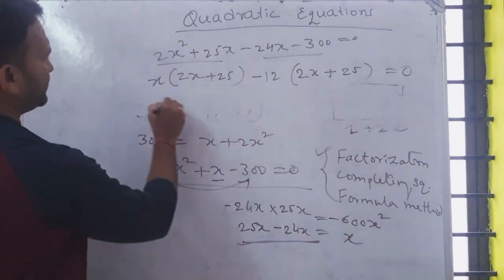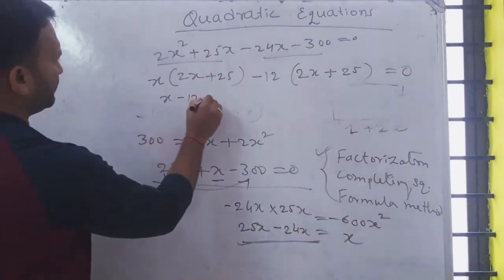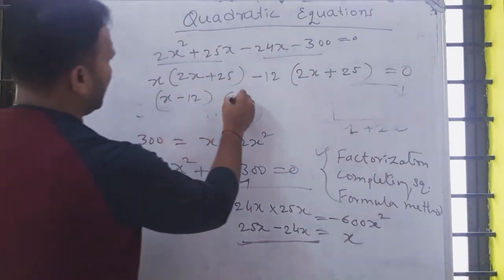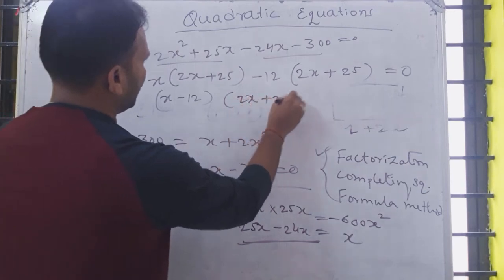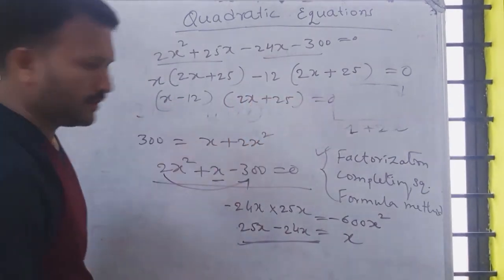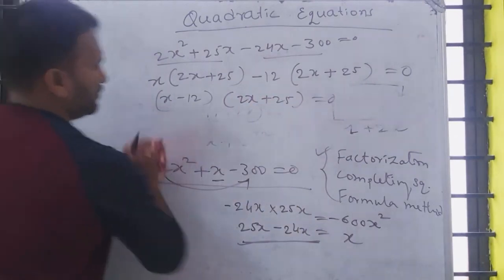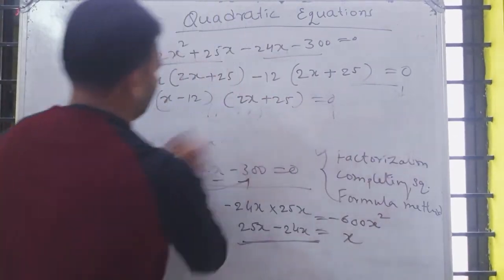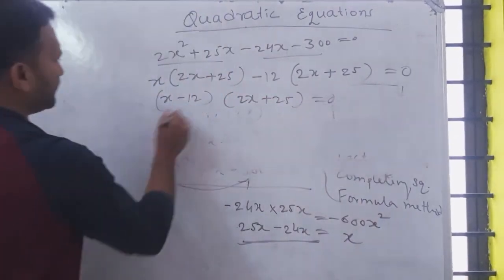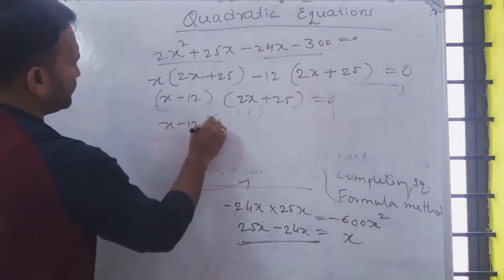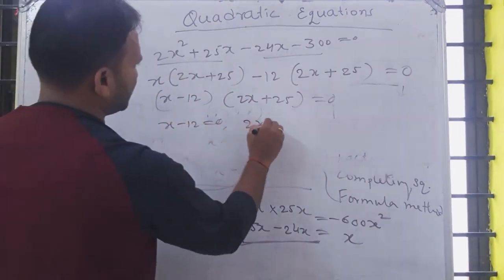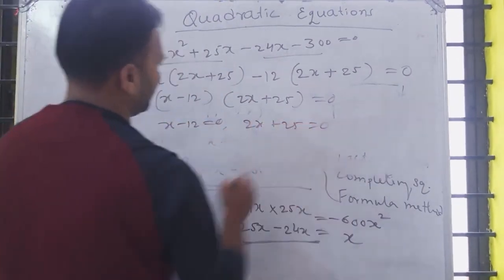Now x minus 12 is one term and 2x plus 25 is another term. So x minus 12 is equal to 0 and 2x plus 25 is equal to 0.